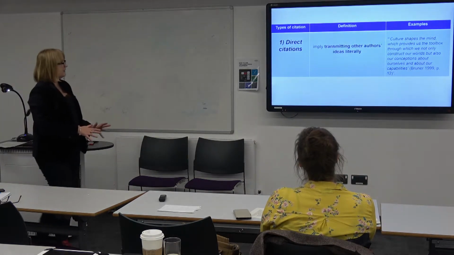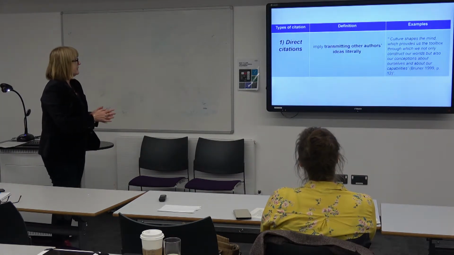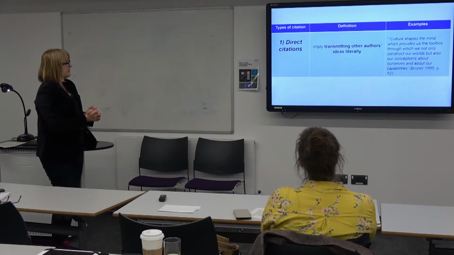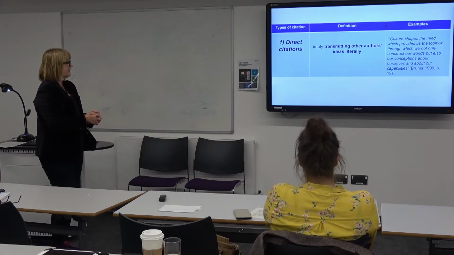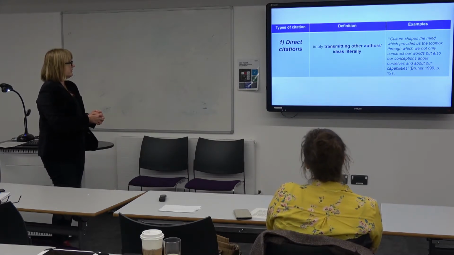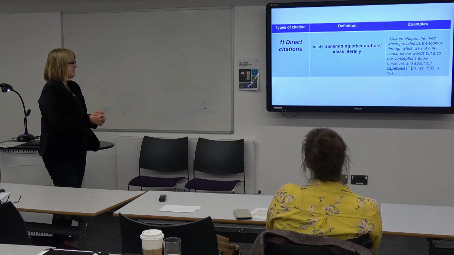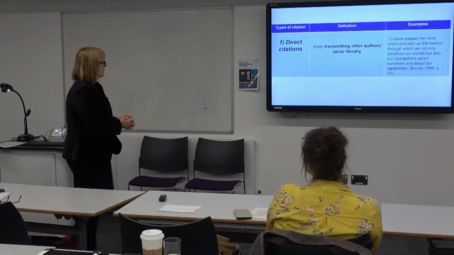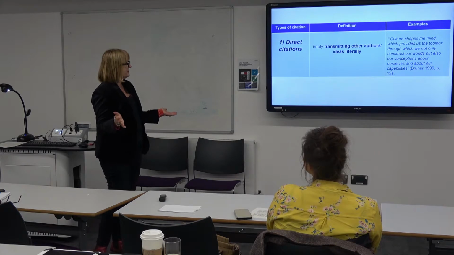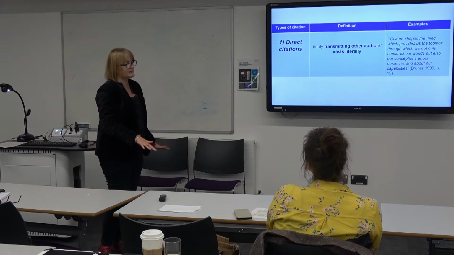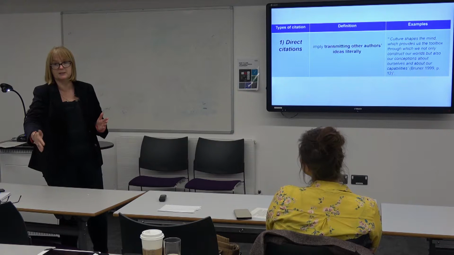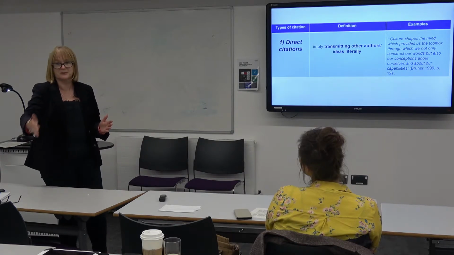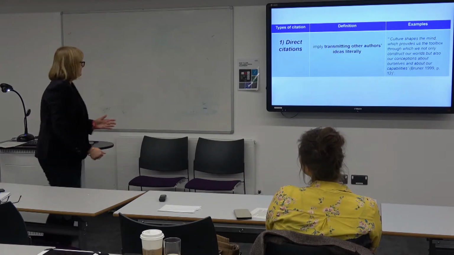So they come from linguistics, and these are the different types of ways in which we can cite. The most obvious way of citing somebody is to directly use their words. So we imply transmission of other authors' ideas quite literally. We're using a quote and we're transmitting those ideas as we think the author intended them to be.